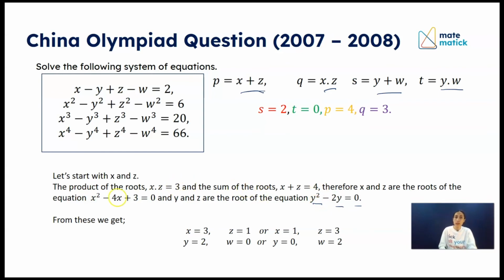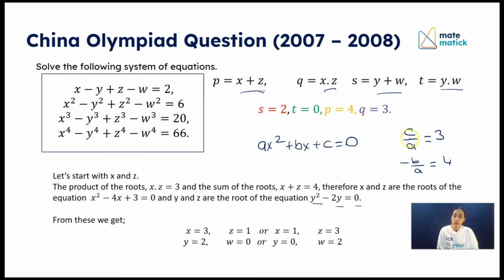How did we find this? Let's say we have a quadratic equation ax squared plus bx plus c is equal to 0, right? What is the product of the roots? It is c over a, right? So I know that c over a is equal to 3. Minus b over a, which is the sum of the roots, is equal to 4, right?